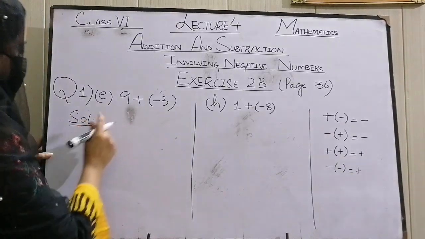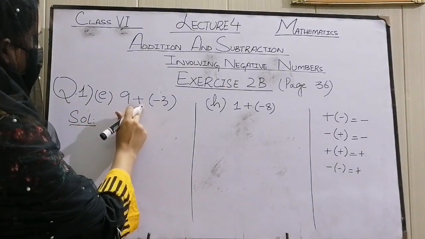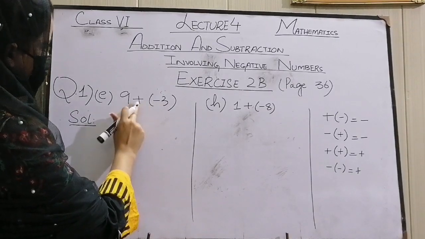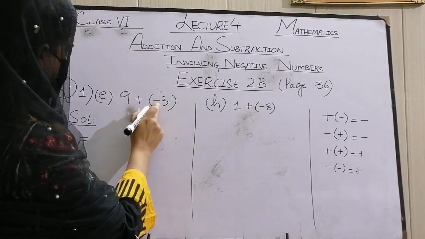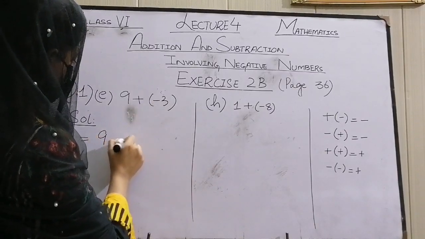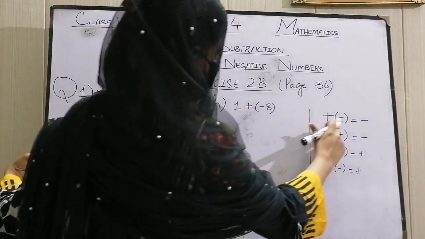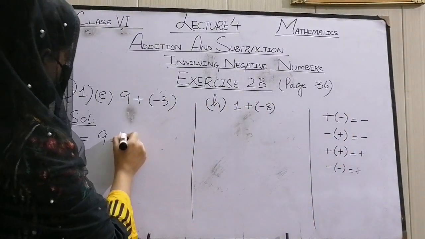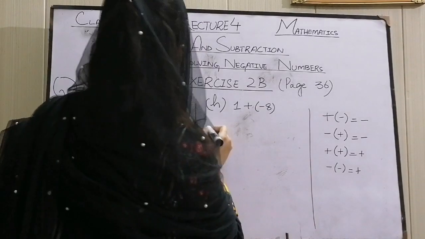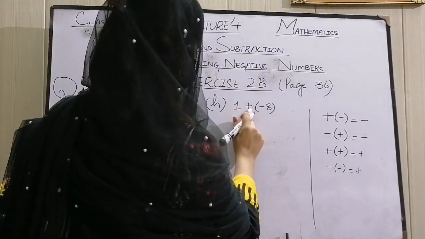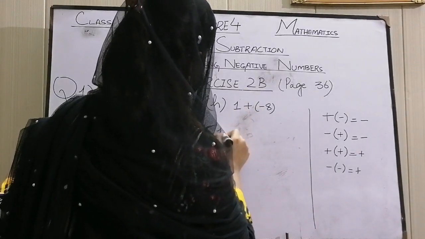Whenever we are solving these questions, the first step is to solve the bracket first. We have to solve this bracket first. Plus minus minus. As you already know, plus minus is minus. 9 minus 3, 6. Next is 1 plus minus 8.